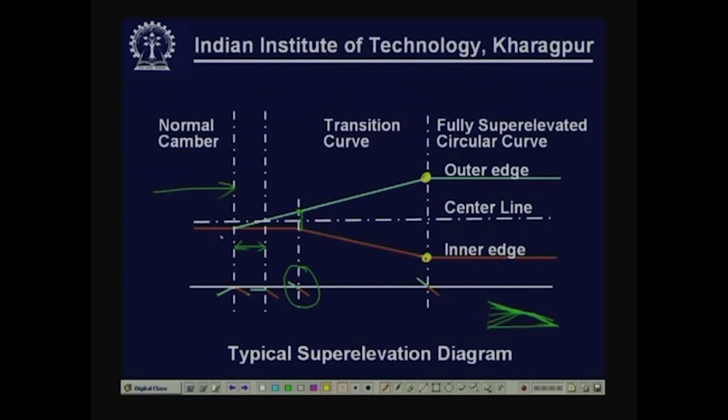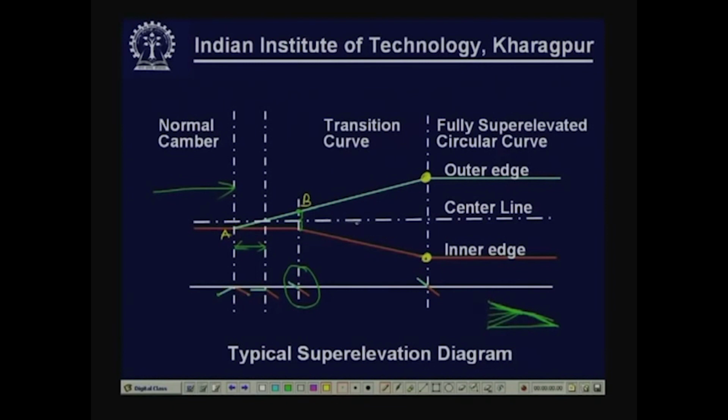So, initially only the outer edge is rotated with respect to the inner edge, say from point A to point B. Then at point B you have uniform cross slope equal to the camber. Then the pavement is rotated further with respect to the center line.